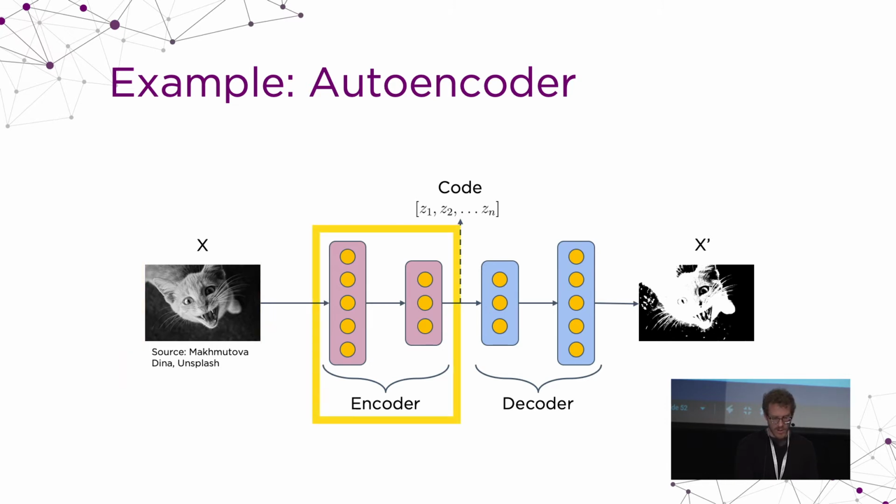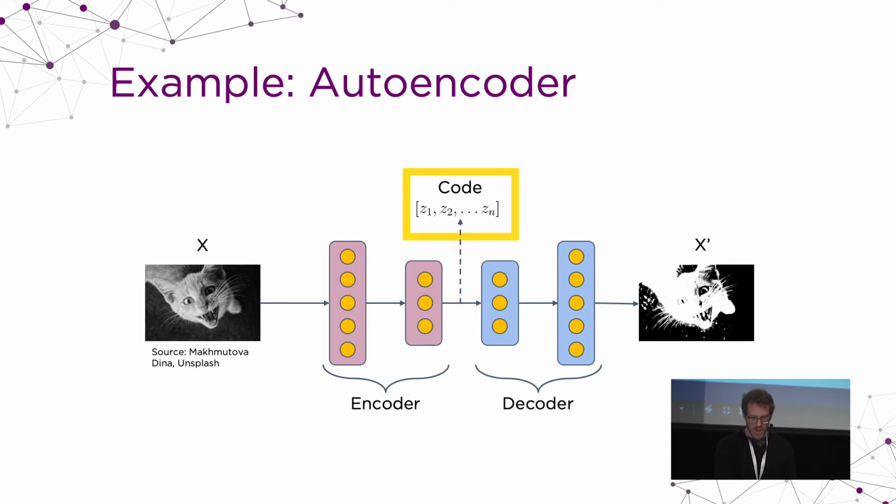I give it to an encoder that will be a dense module with activation functions. And it will project this image to a small representation. We will call it the code, which encodes all the factors of variation that I can move to change the image, but still keep the object in the image. That was the purpose of this architecture.